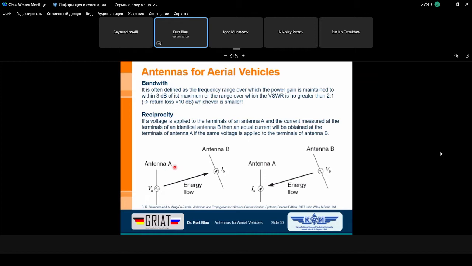Let's say two equal antennas located not directly perpendicular or not directly parallel in a special way, but this localization you have to hold constant in the space, and then you can exchange the generator of antenna A against the current measurement system of antenna B. You can exchange it, and then you have to see that in both cases, if we apply the same voltage here, we measure the same current. This is reciprocity.